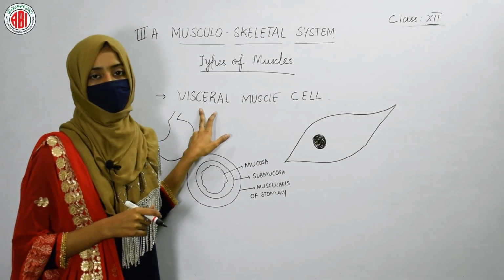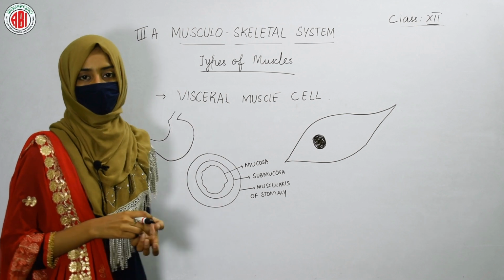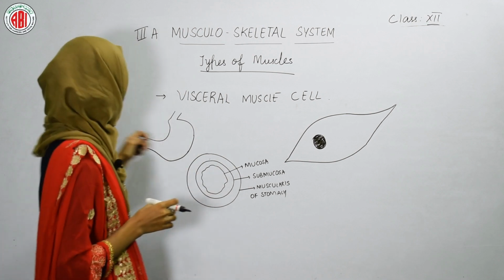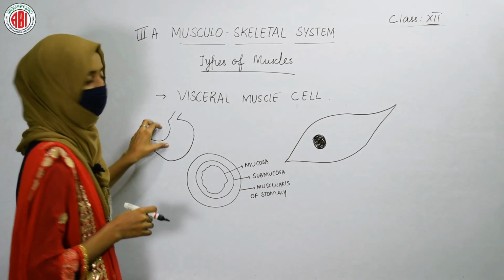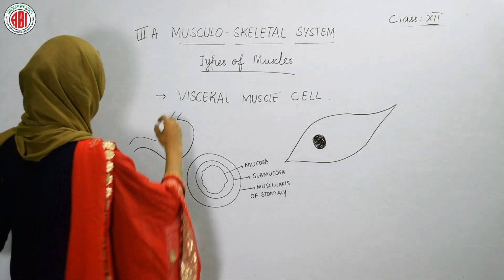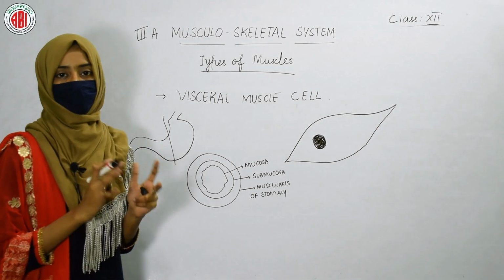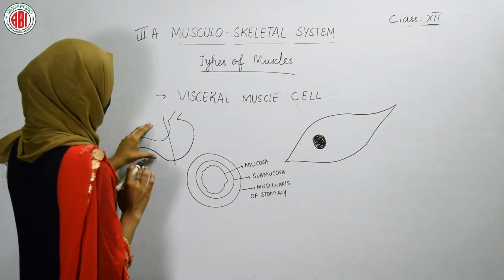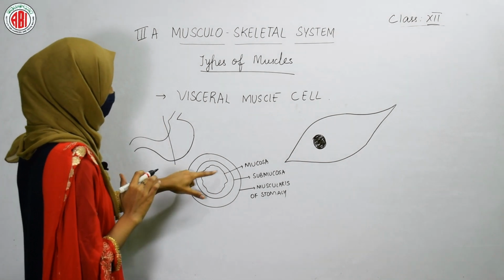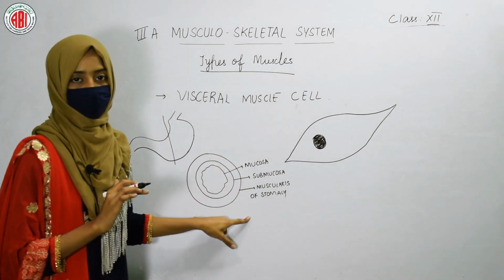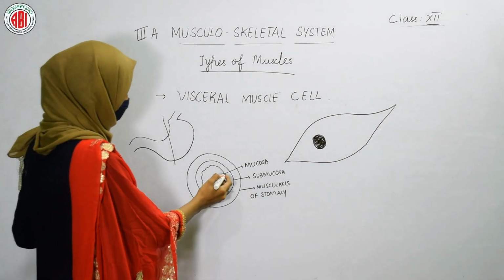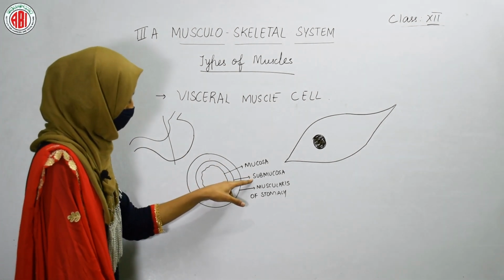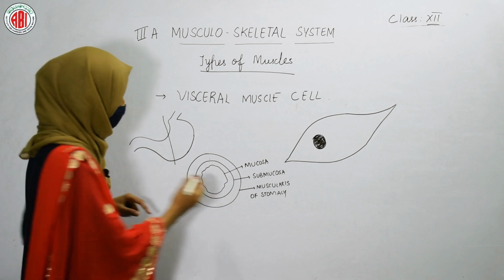Our next type of muscle cell is the visceral muscle cell, also termed smooth muscle cell. When you look at the internal structure of our stomach, that means if you cut the stomach and look into it, it shows you three main layers: mucosa, submucosa, and muscularis. These are the different layers you can find in the wall of our stomach.